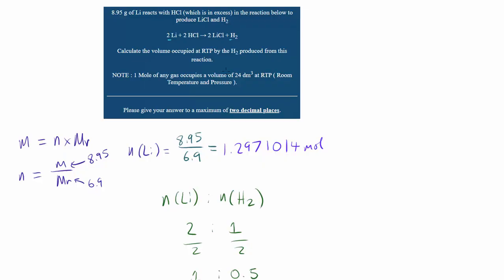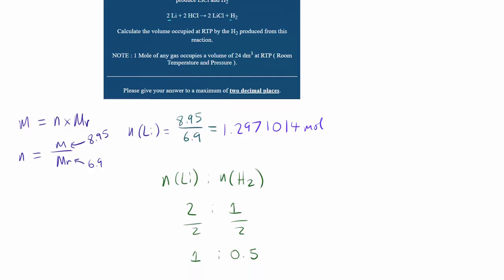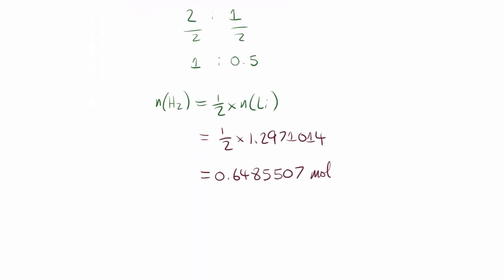The question tells us we're looking at room temperature and pressure, and we are told that 1 mole of any gas occupies a volume of 24 decimeters cubed at room temperature and pressure. So for every 1 mole of H2, that's going to occupy 24 decimeters cubed.